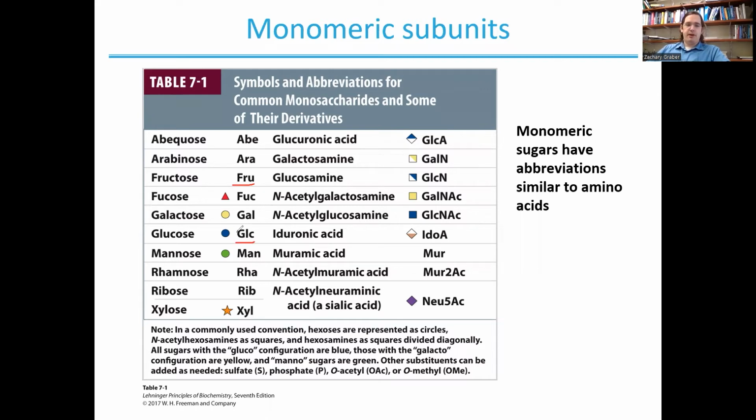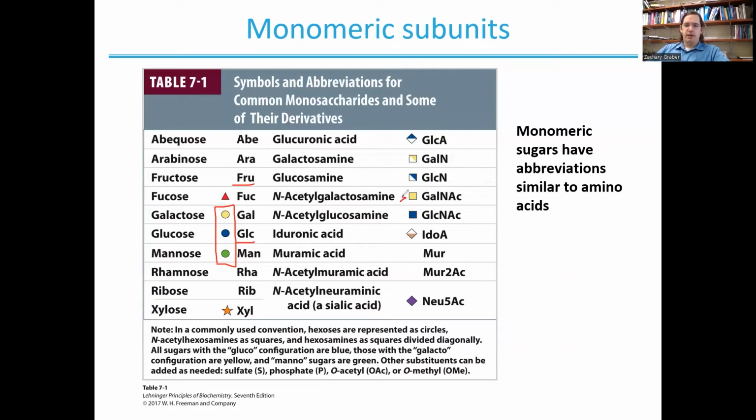Now, in addition to our 3-letter codes, we also commonly use colored symbols to represent our different sugars. You'll note we have different colors for different monosaccharides: yellow here for galactose, blue for glucose, and green for mannose. And then our modified forms of those same sugars will use the same color, but a different shape.